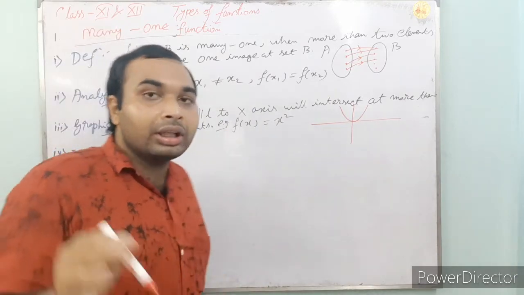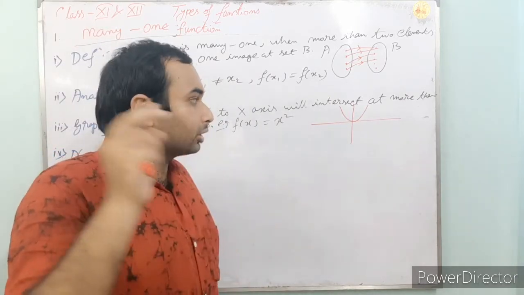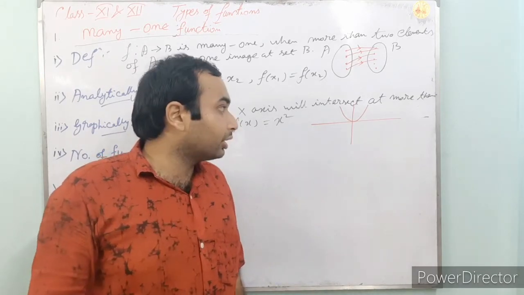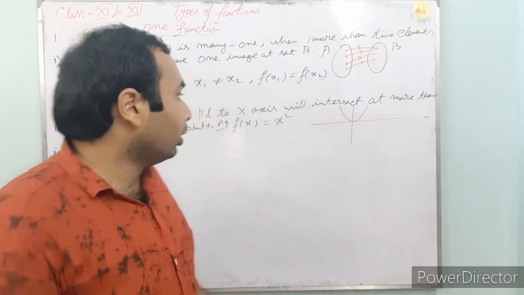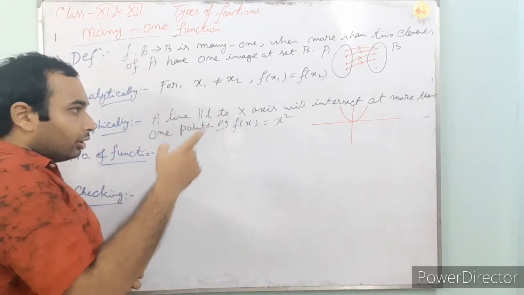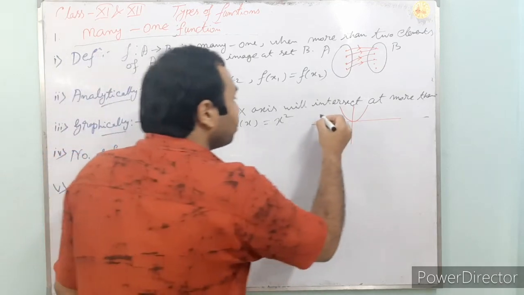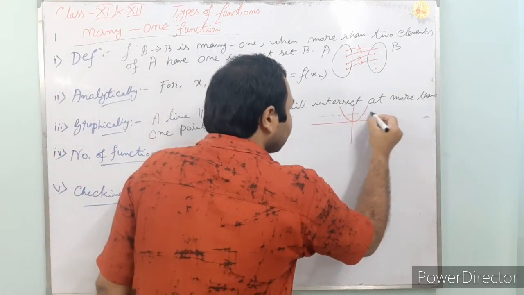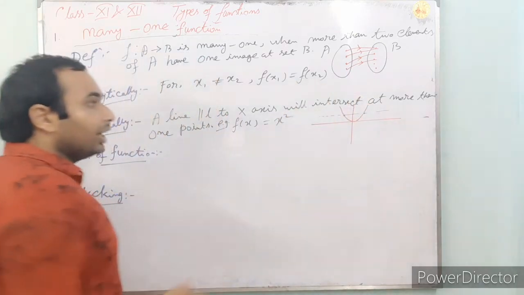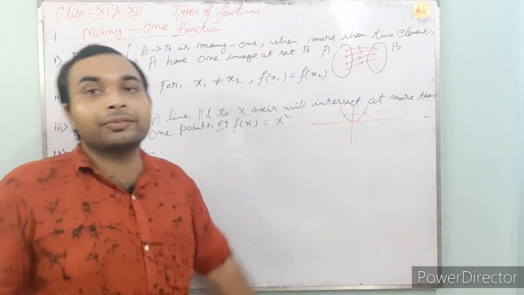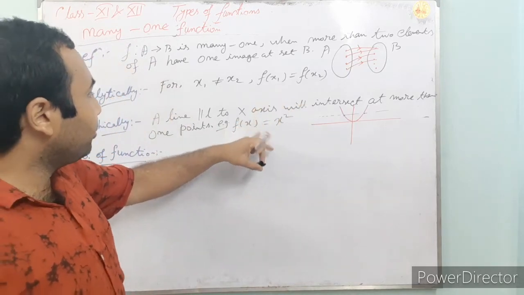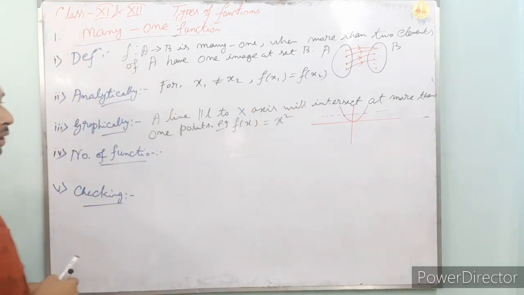If you have not seen the previous videos, just pause the video and go to the previous videos and see. In my channel all the videos are there. So this is the graph of f of x equals x square. Now if we draw a line parallel to the x-axis, just see, at this point and this point the line is intersecting the graph of the function. That's why this is a many to one function.